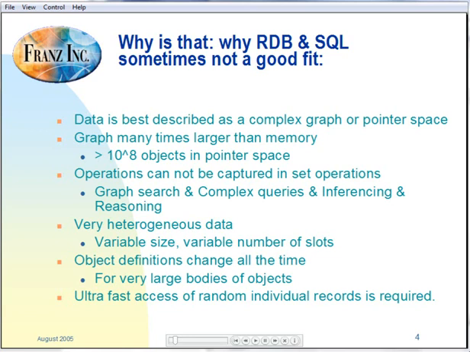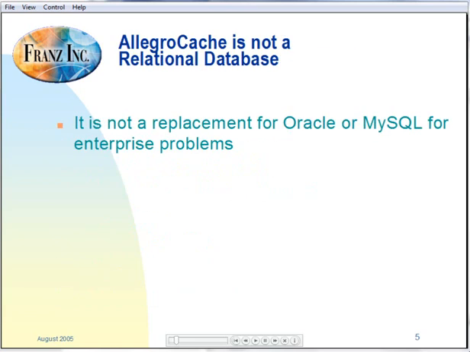So you easily could have hundreds of millions or billions of objects that you want to do some interesting search over. And what you especially see with these customers is that their operations cannot be captured in set operations. Their operations are much better described as graph search or complex queries or inferencing or reasoning.